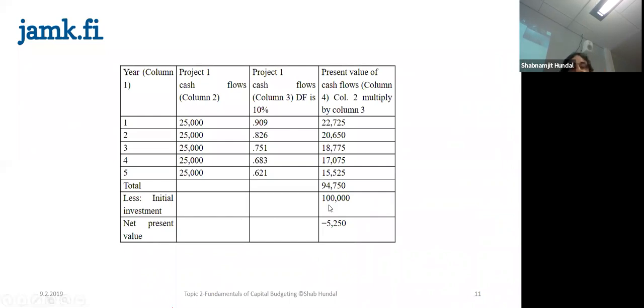So the initial cost if you undertake the project is 100,000. This is the cost of machinery. And you estimate that there'll be 25,000 cash flow each year for 5 years. So this 25,000 becomes C1, C2, C3, C4, C5, each 25,000.